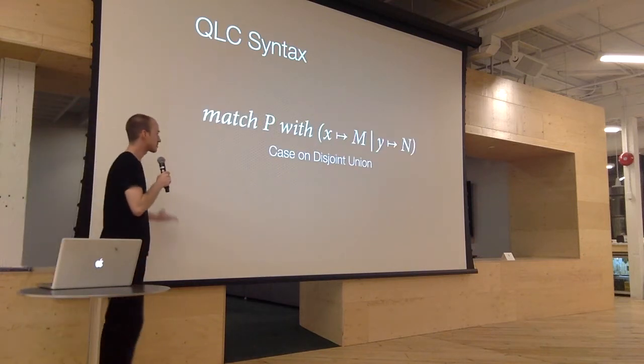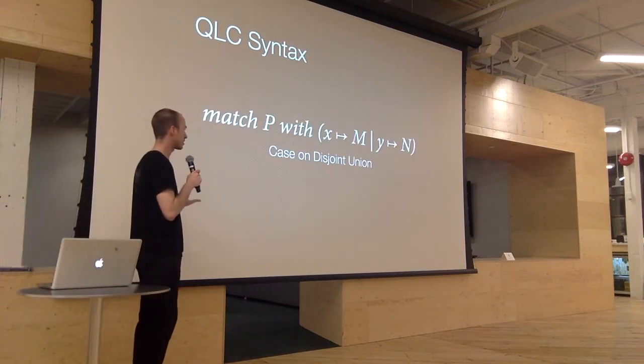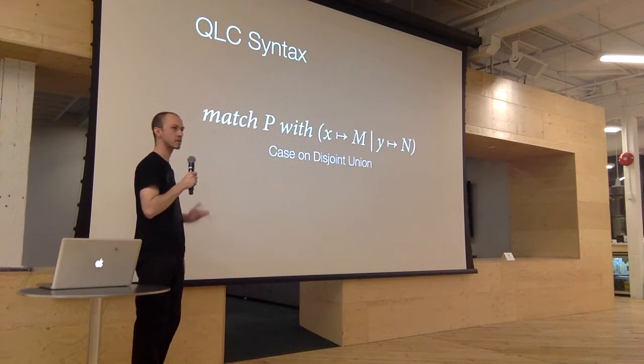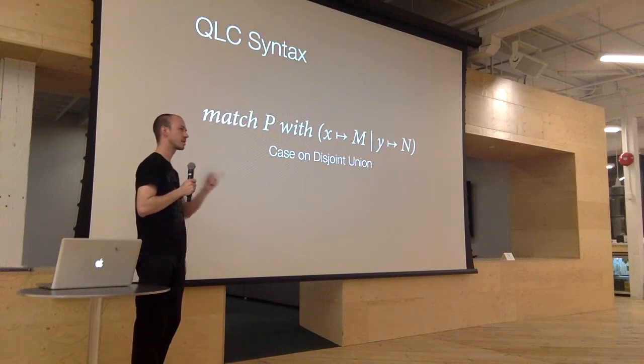This is a case statement on a disjoint union, and it's also pretty dense to explain. But you can think of it as a switch in Python or a case statement in Lisp. How many people are familiar with those? Okay. First matching. Yeah.